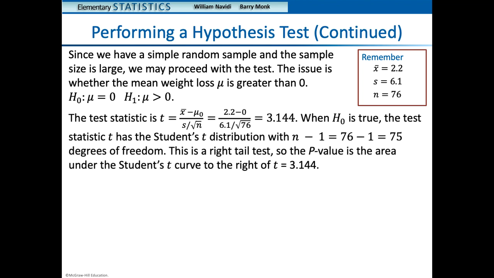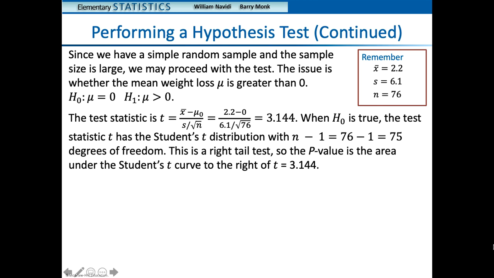The next step will be to find the test statistic, but this time the test statistic will be a t-value instead of a z-score. So we'll plug in 2.2 for the sample mean, that's a given value. We are assuming the null hypothesis is true, so we'll plug in 0 for mu, the population mean.